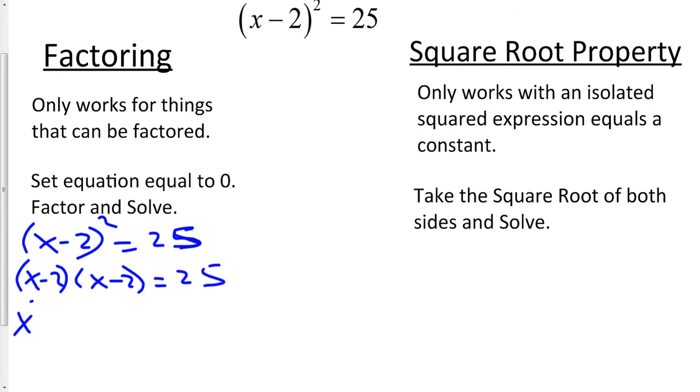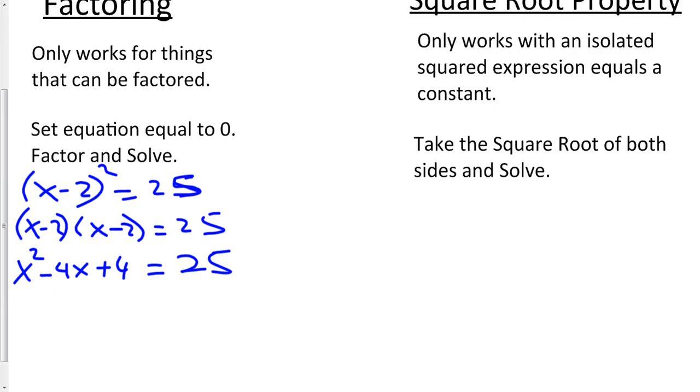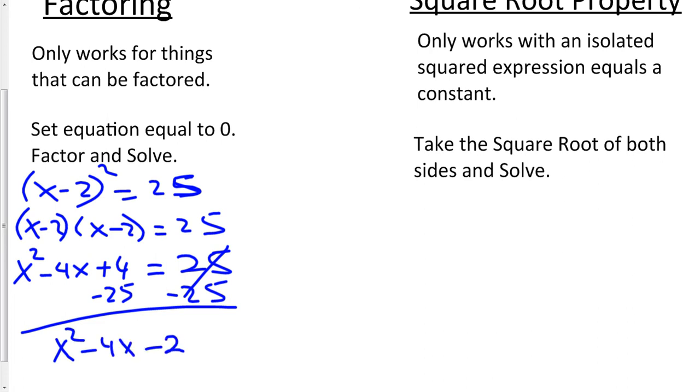And so I get x squared minus 4x plus 4 equals 25. Again, since I'm factoring, I must set it equal to 0 by moving everything to one side. And so I get x squared minus 4x minus 21 is equal to 0.